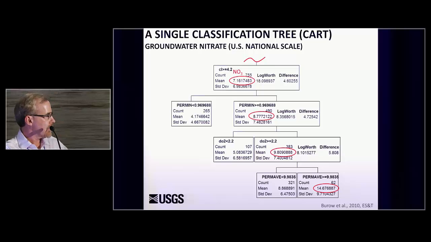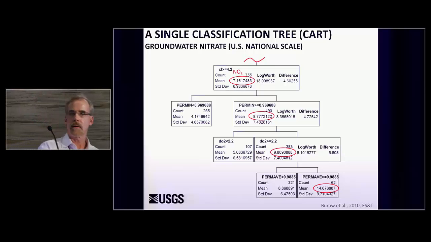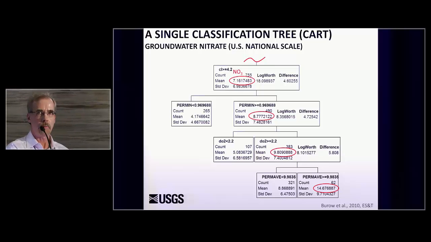Before talking about ensemble tree methods, I think it's useful to talk about a single classification tree. So this is a method known as CART, which is classification and regression tree analysis. And this is a small portion of a really big tree that was done for another data set. National data set from USGS NAQWA program.